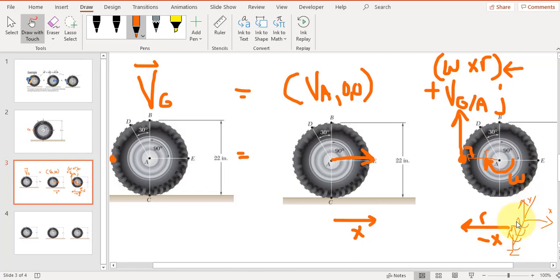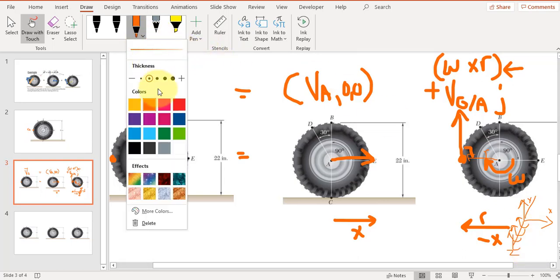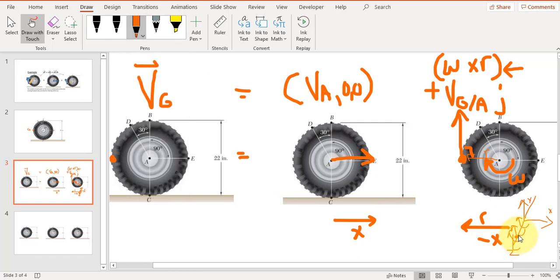So in 2D, the rotation is always in that Z direction, and you're going to use your right hand rule. So wrap your fingers around the z-axis in the direction of that rotation, and your thumb will point either into the board or away from the board.